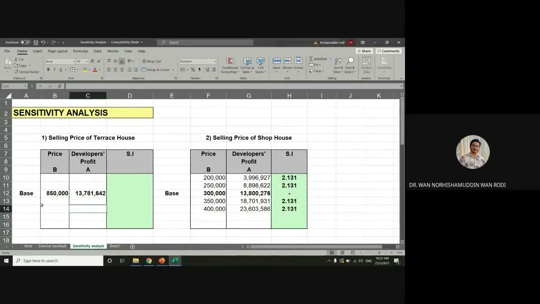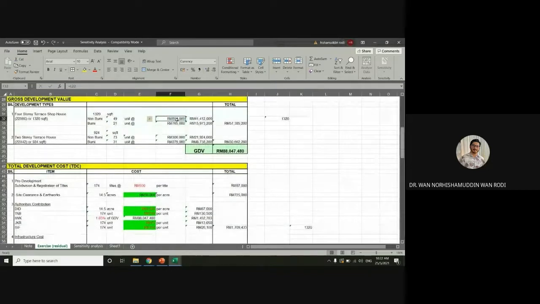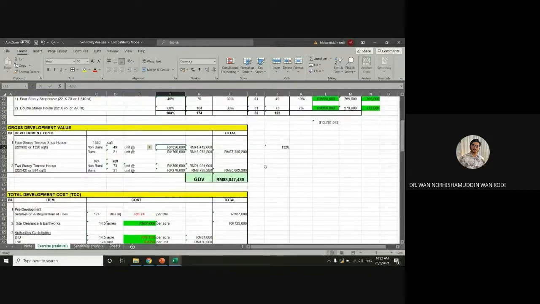Then we increase the price, assuming an increment of 10,000, so our price will be 860K.